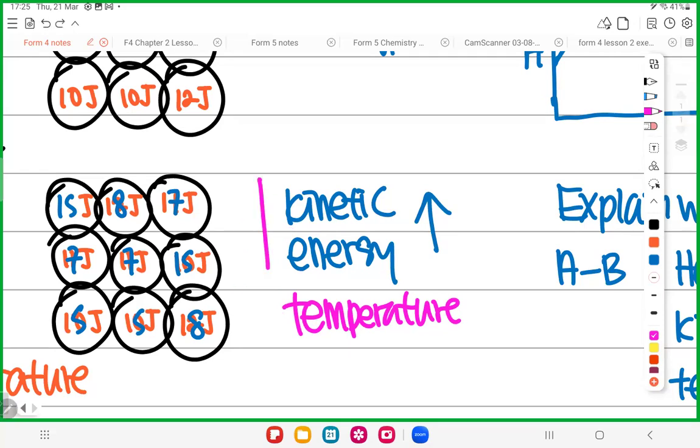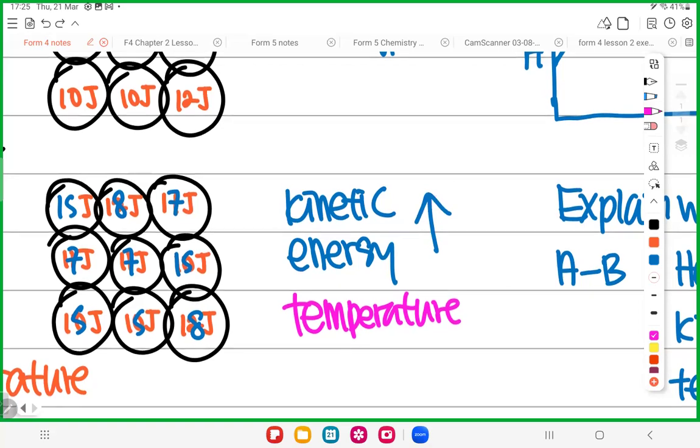So if kinetic energy increases, temperature will follow and increase as well. If kinetic energy decreases, temperature decreases as well. If kinetic energy doesn't change, temperature also doesn't change. So please remember this. Kinetic energy and temperature, they are twins. They do the same thing.